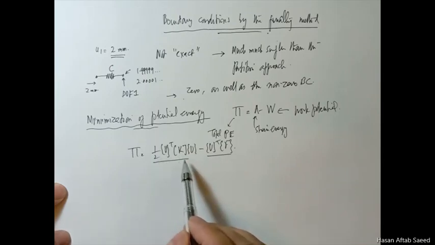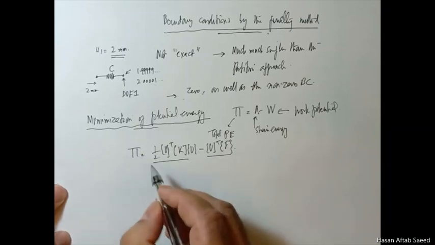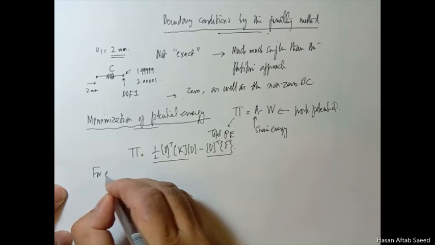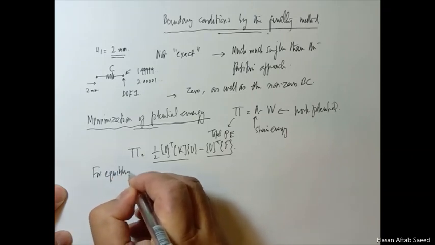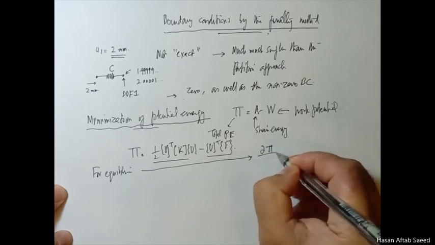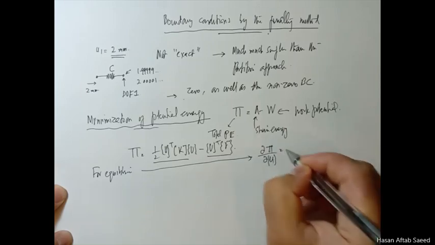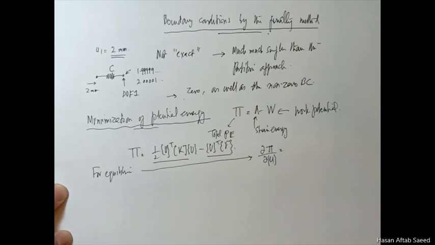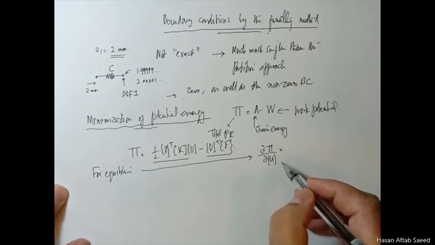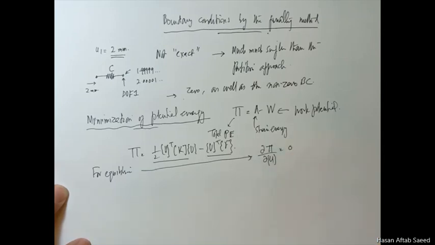the system stiffness matrix. Now, for equilibrium, we differentiate this total potential energy with respect to all the degrees of freedom in the system, namely the system u vector, and you put it equal to 0.